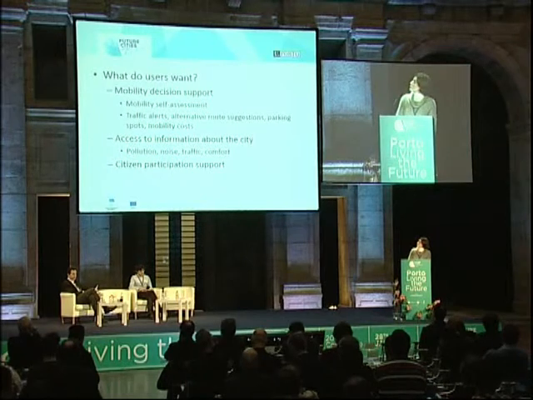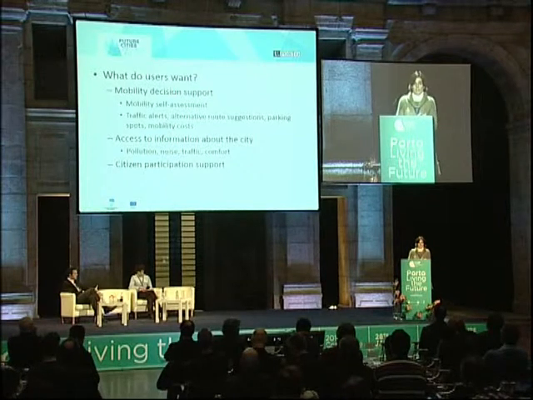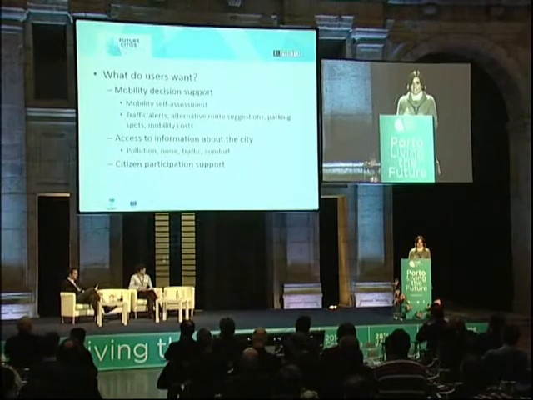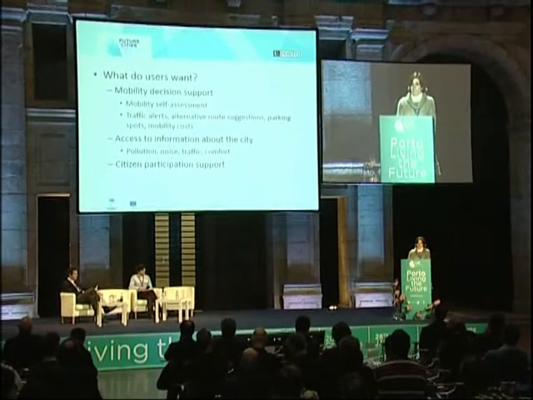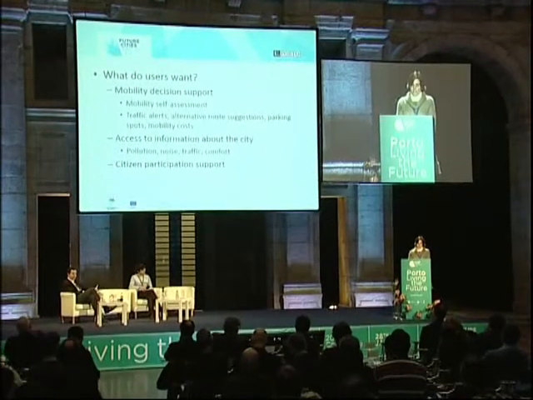Or moving from taking your car to work to taking a bus, because if you can compare your own mobility pattern with the mobility pattern of buses, you might say, well, it will take only 5 minutes longer and you have a bus that will take you there. So all these things were suggested by users as services related to mobility.